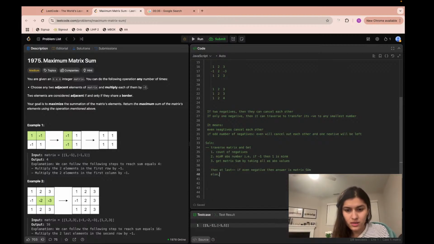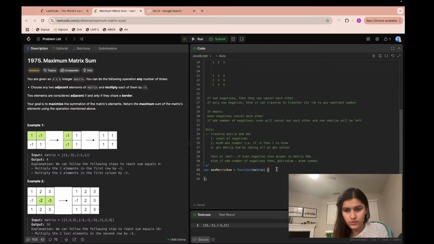Otherwise, if it is odd, then I have to do matrix sum minus the minimum number. Yeah, that's it.